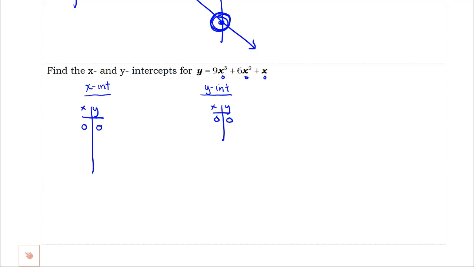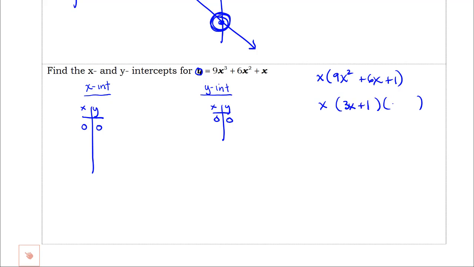Then to find the x-intercepts, you're on the x-axis, so y is 0. And then this is much like the question on the quiz, isn't it? Factor the x out, we're left with 9x squared plus 6x plus 1. Factor again, that's why we gave you the factoring worksheet the very first day.